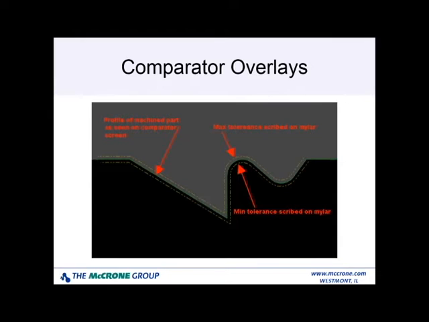These charts are custom-made usually from CAD drawings, and they are calibrated to the screen size and the magnification. You can see how this would be very handy and very quick to put a part on, line it up with this outline, and tell whether or not the part is good. As a go, no-go type of inspection, it's very easy to use for inexperienced inspectors and gives you much faster throughput.